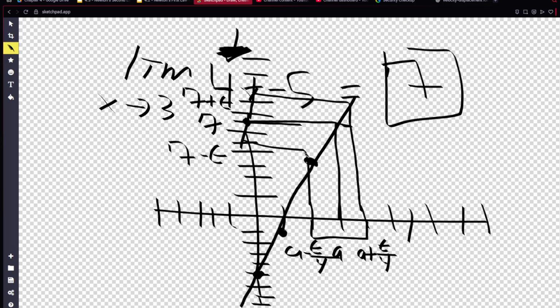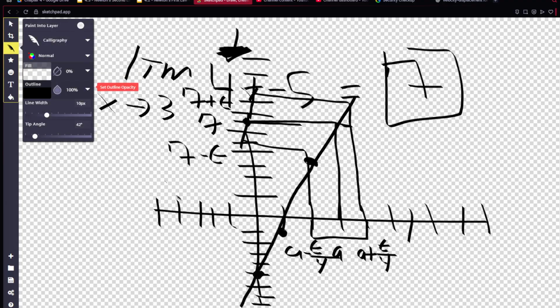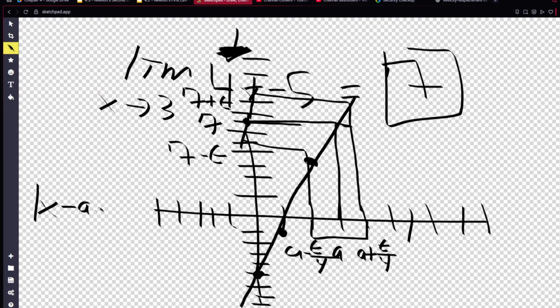So note that any other smaller delta value will work, because the inequality just states that x minus a has to be less than epsilon over 4 here. But we can make this even smaller and it'll still be true.